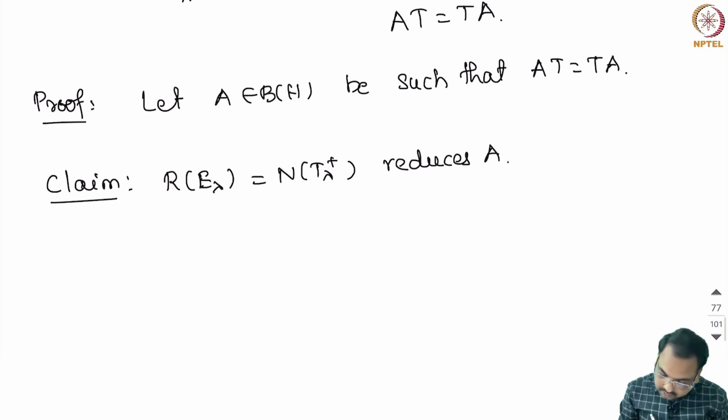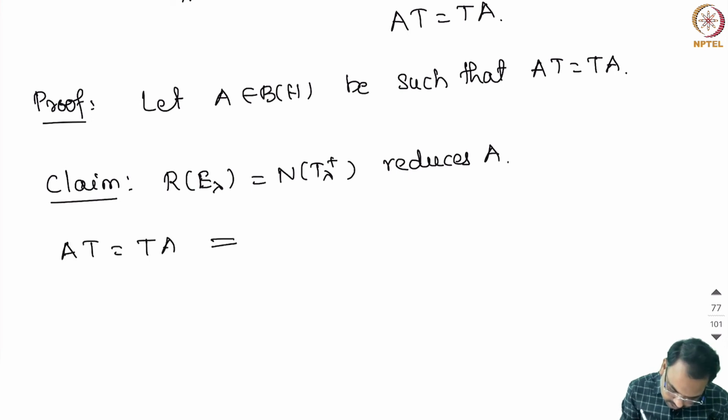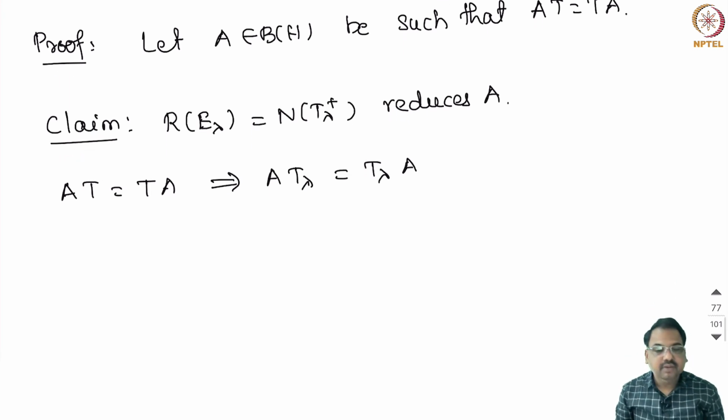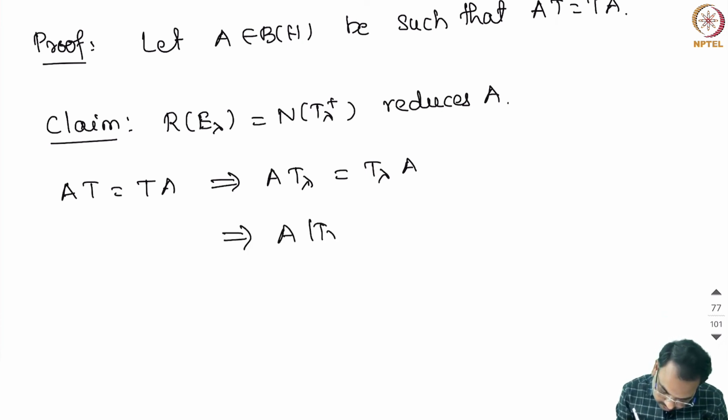Okay. So AT equal to TA implies A T lambda equals T lambda A, because T lambda is nothing but T minus lambda I. But we know that if an operator commutes with another operator T, then the first operator commutes with its modulus also. So from this we can say that A commutes with mod T lambda.